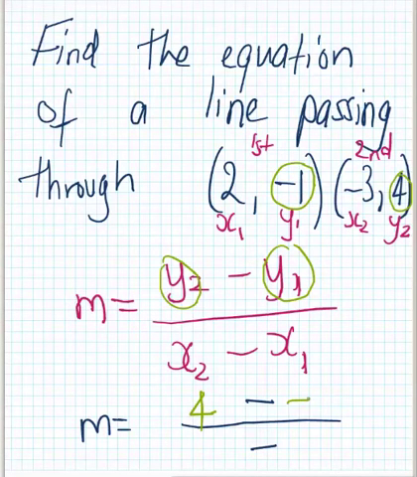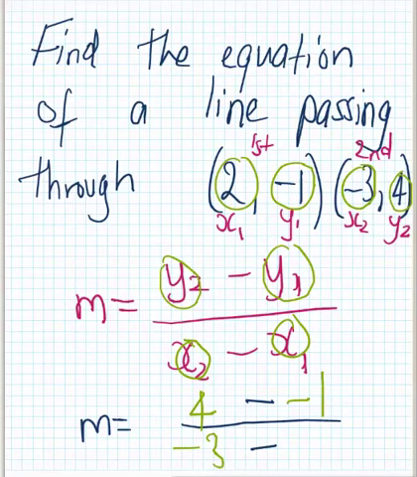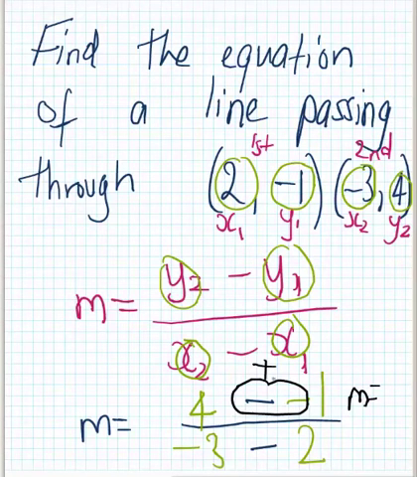So we put -1. And then x2 is -3. So we put -3. And x1 is +2. You can see why it's so important to be careful with negatives, because here, two negatives sitting together make a positive. These two negatives are not together, so it's just -3, -2. So we end up with, I'll squeeze it in here, what is 4 plus 1?